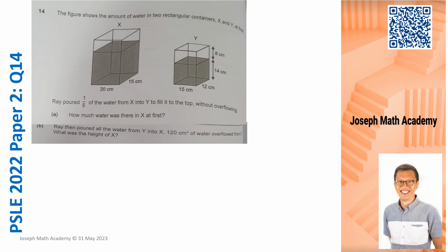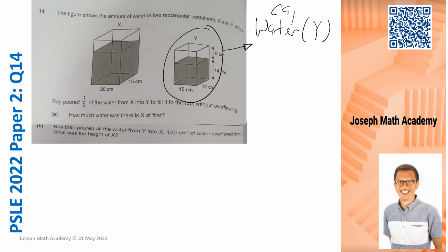Now, after pouring the water from X into Y to make Y full, Ray then poured all the water from Y into X. Let's move on to this part first. We want Y to be full. So the water in container Y when it is full, that means we want to find the capacity of container Y. So again, applying the formula, length times breadth times height.